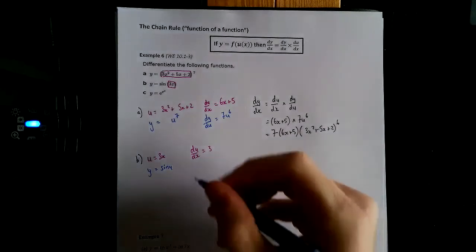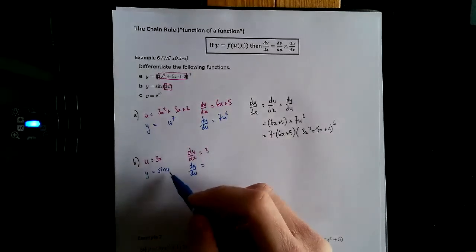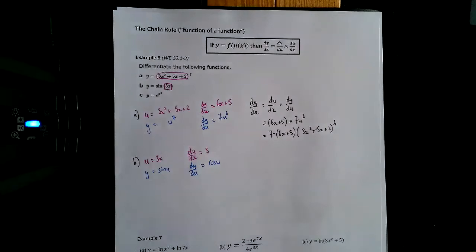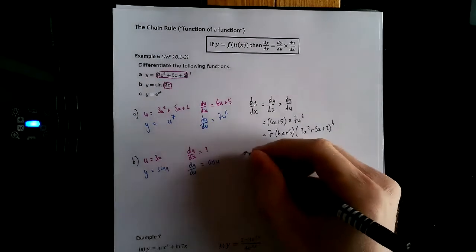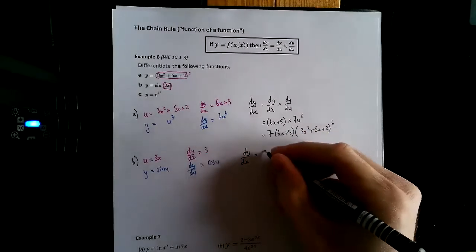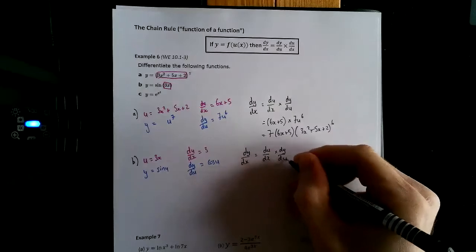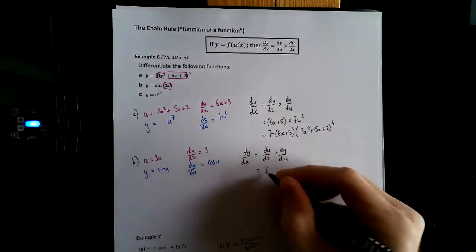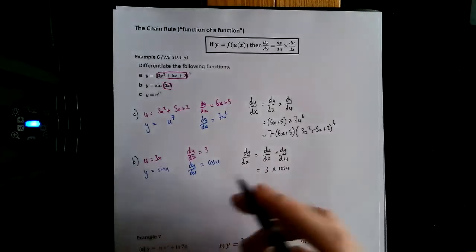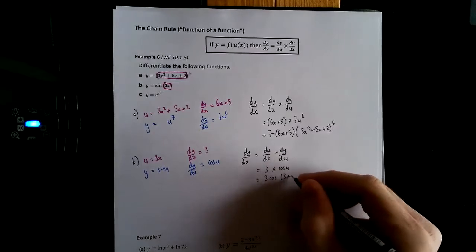And dy by du, well, if I differentiate sine, I get cos, that's just cos u. The chain rule says multiply them together. So dy by dx is du by dx times dy by du, which gives me 3 times cos u. And again, just sub back in what u was. So it's 3 cos 3x.